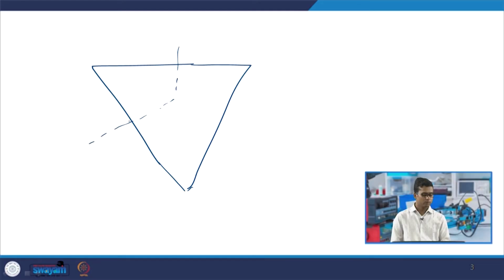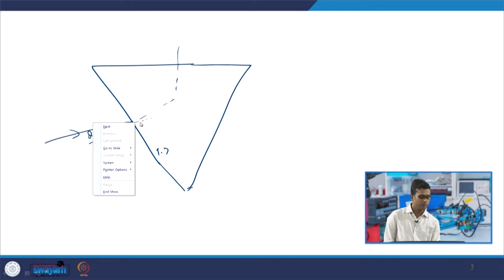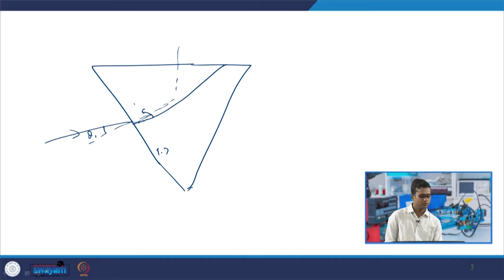So, suppose you are incident at an angle theta 1 here, since it is from air to prism 1.7, it will move towards the normal, it will hit somewhere here. So, I am a bit poor in drawing. So, this is theta 2.